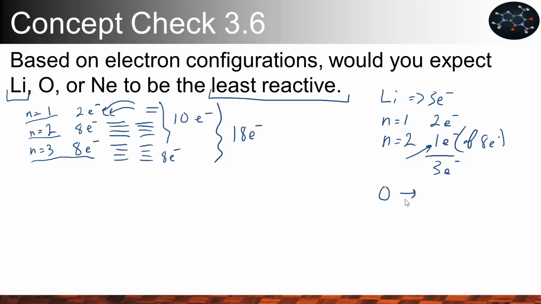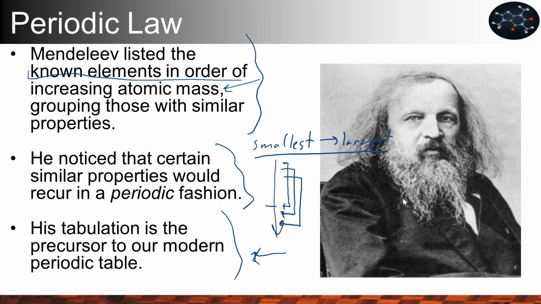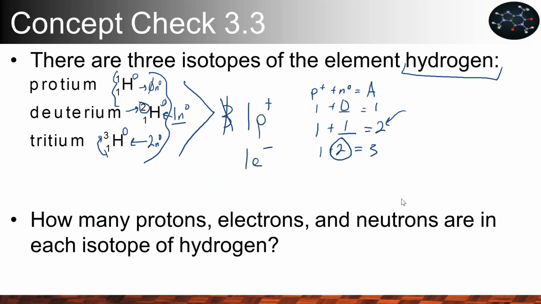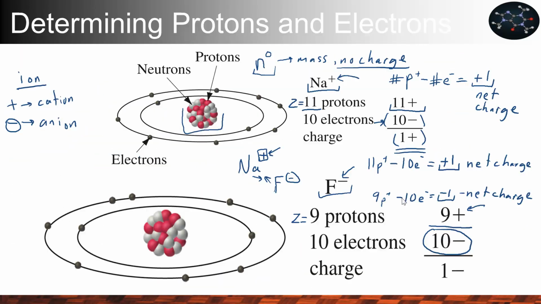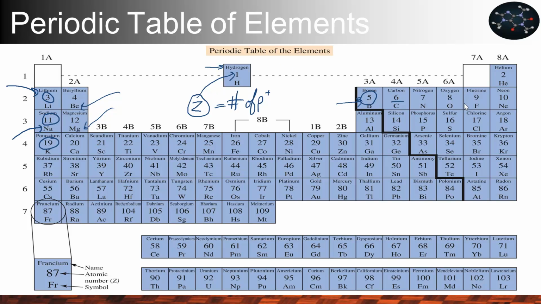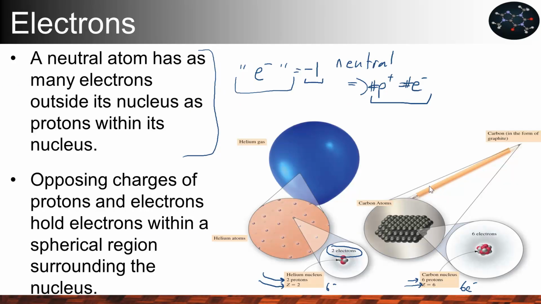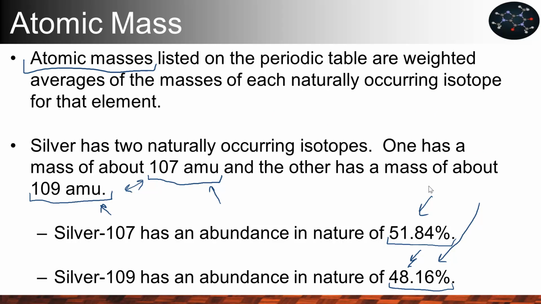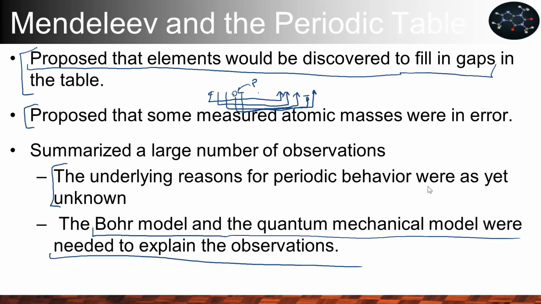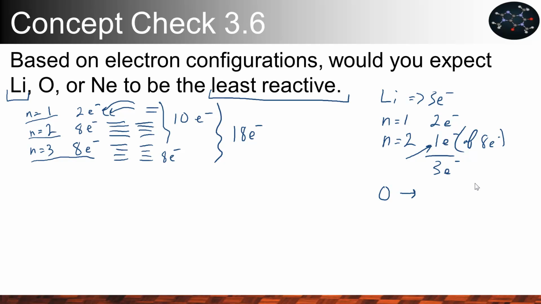Okay, oxygen, let's see where it is on the periodic table. There it is. It is the 8th element. So being the 8th element, it will have 8 electrons in the neutral atom. So 8 electrons. Let's start filling up the innermost part first. First level, 2 possible electrons.